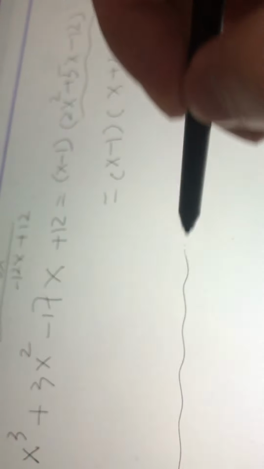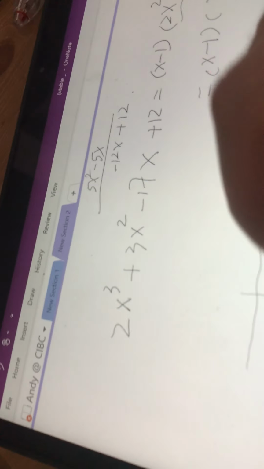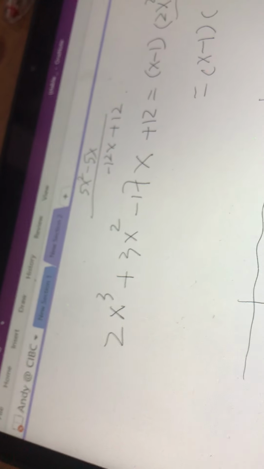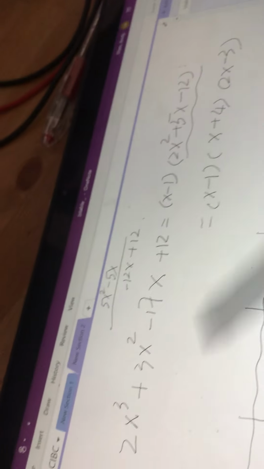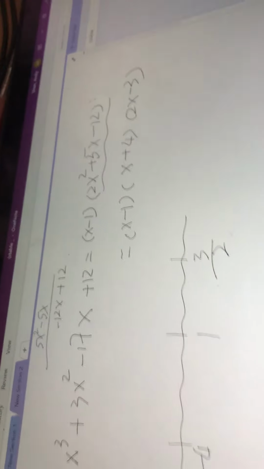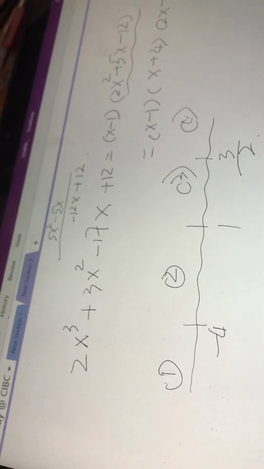You first build up a number line. So here is negative 4, 3 over 2, and 1. So basically, it divides this number line into 4 sections: 1, 2, 3, 4.